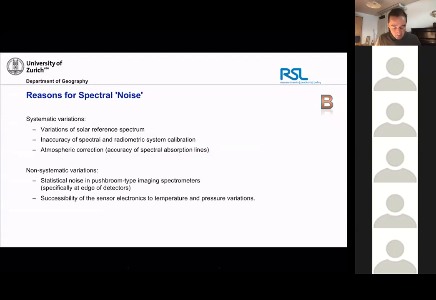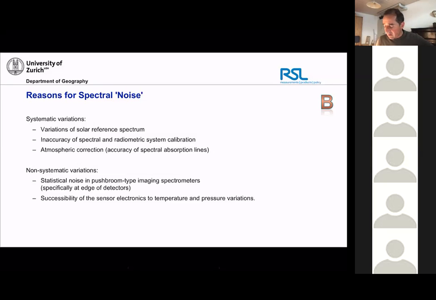And you can also search for systematic noise, like if you compare to a flat spectrum and if you see the same noise in every pixel, you can remove the systematic variation as well with a flat field approach. So that's systematic, and non-systematically you need statistical correction. So these are two ways to remove noise.